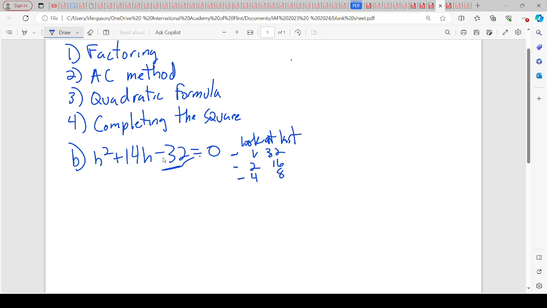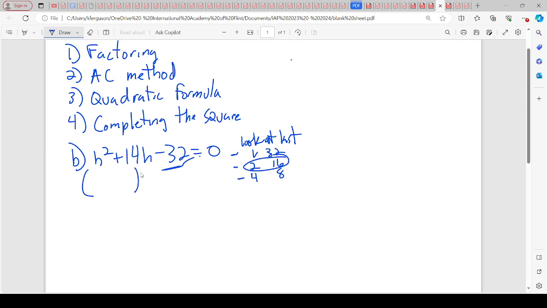Because this number is negative, I'm going to end up having different signs, which means I'm going to subtract. So 32 minus 1 is 31, 16 minus 2 is 14, and 8 minus 4 is 4. So that's my pair right there.